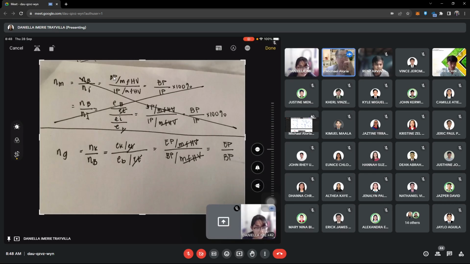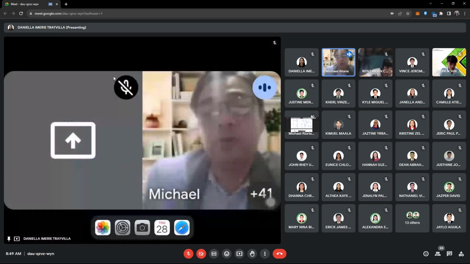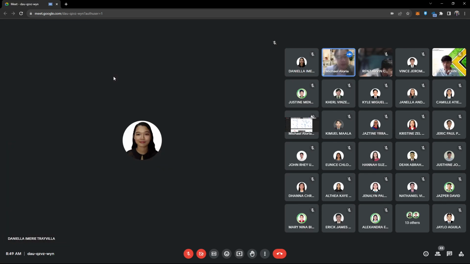The heat supplied cancels out, and it becomes EP over BP, times 100%. That would be your generator efficiency. So your overall efficiency, you can also derive using your engine efficiency.